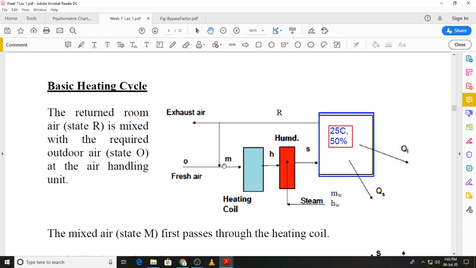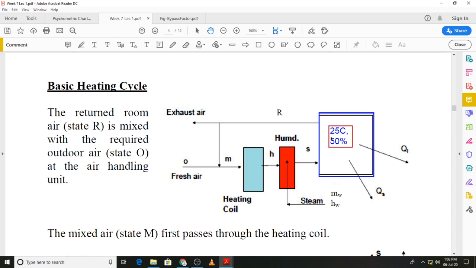Now let's again start right from the beginning. You have the supply air going into the conditioned space at a temperature and humidity ratio which is higher than the desired state in the conditioned space to balance the latent and sensible heat losses.